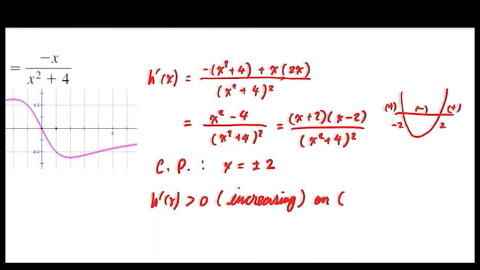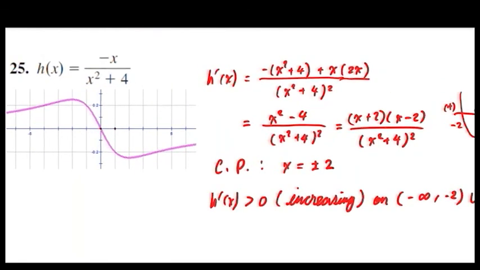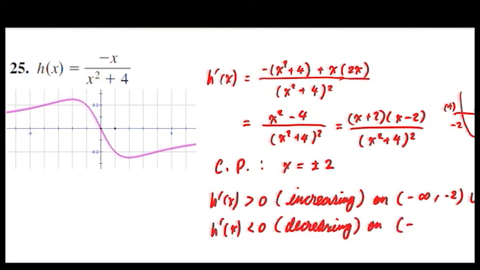So it's increasing from negative infinity up to negative 2, union that with 2 to infinity, and our graph confirms it, right? And then if h prime of x is negative, meaning it's decreasing, in between negative 2 to 2.